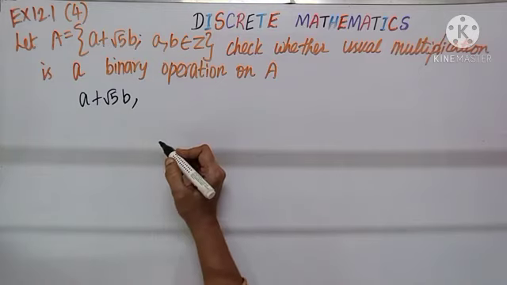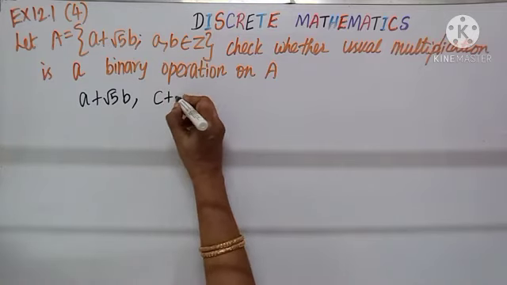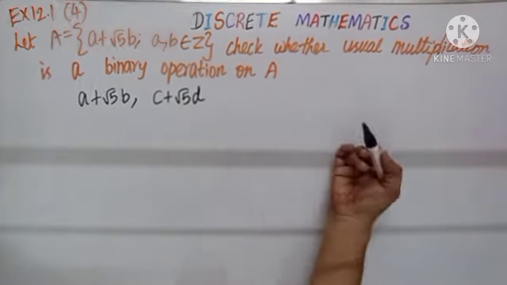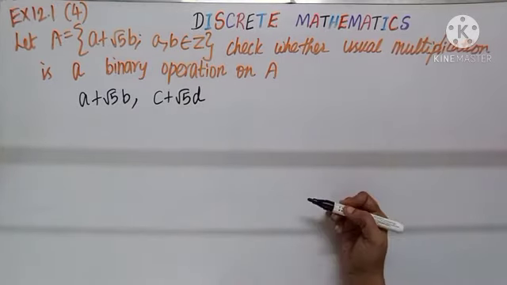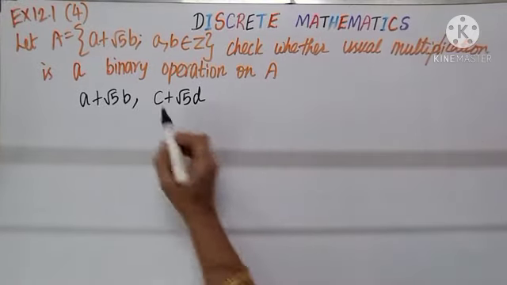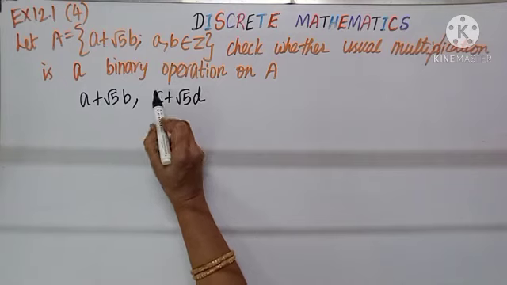Same way, another number c plus root 5 into d. Like this you can say anything. e plus root 5 into f. y plus root 5 into z. So like that. One is free from root 5, another one is multiplied with root 5.